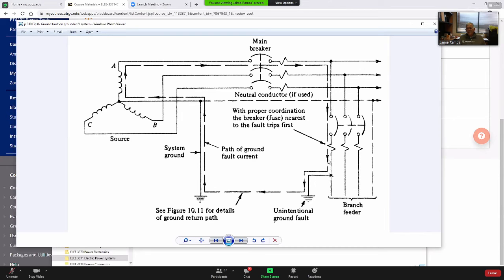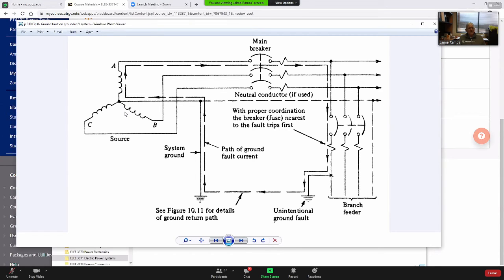This represents the fault, so now the fault is going to be conducted on this path, then get connected to the neutral, go back all the way to the transformer, and then to the main breaker. So the breaker will operate very quickly, because it is the first fault, but the breaker is feeling the fault because the system is grounded.